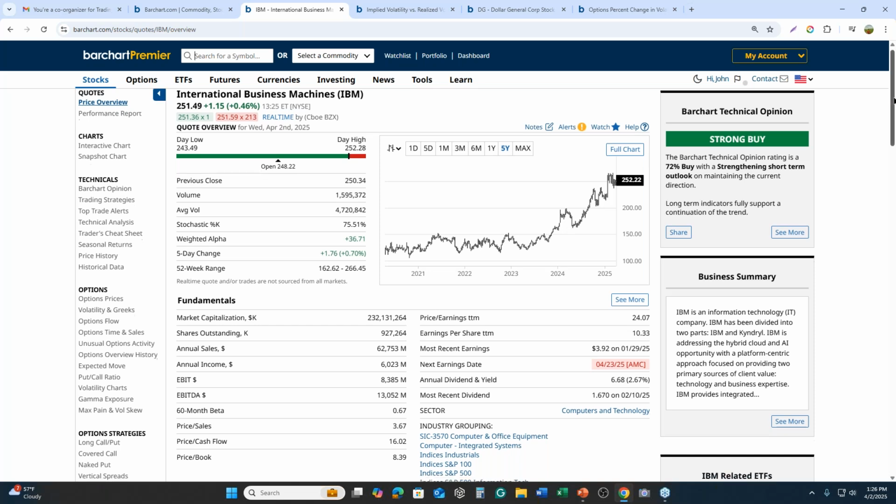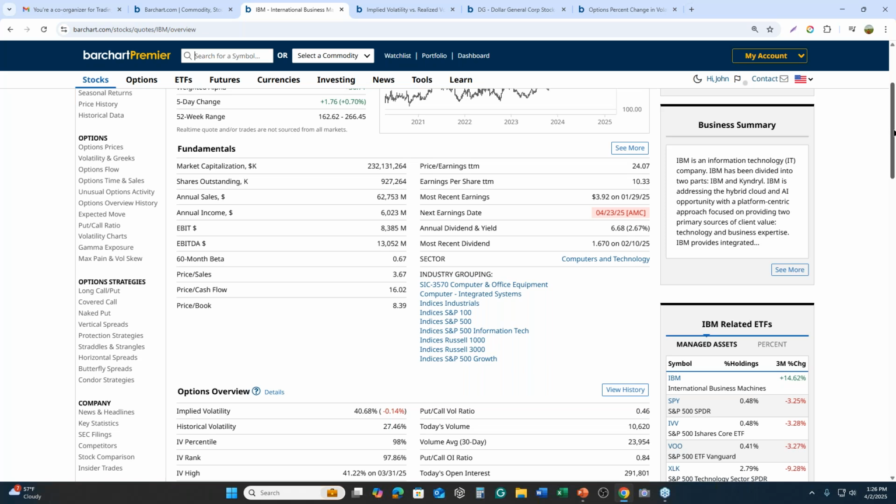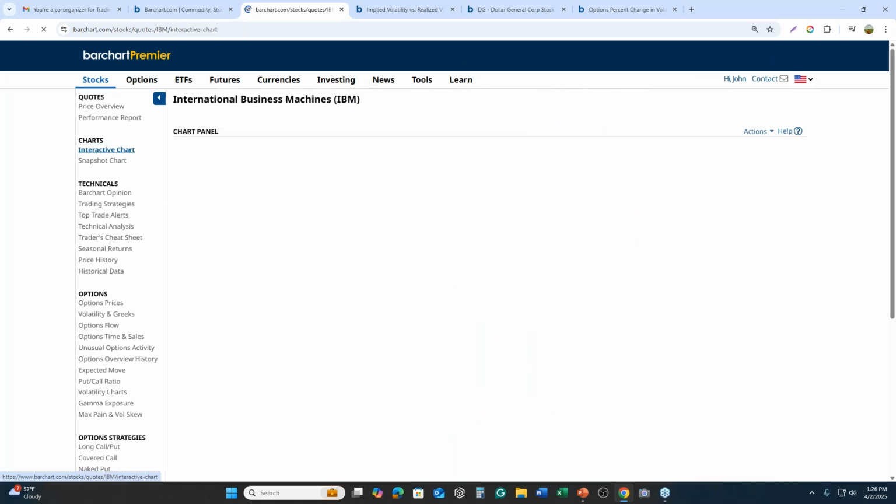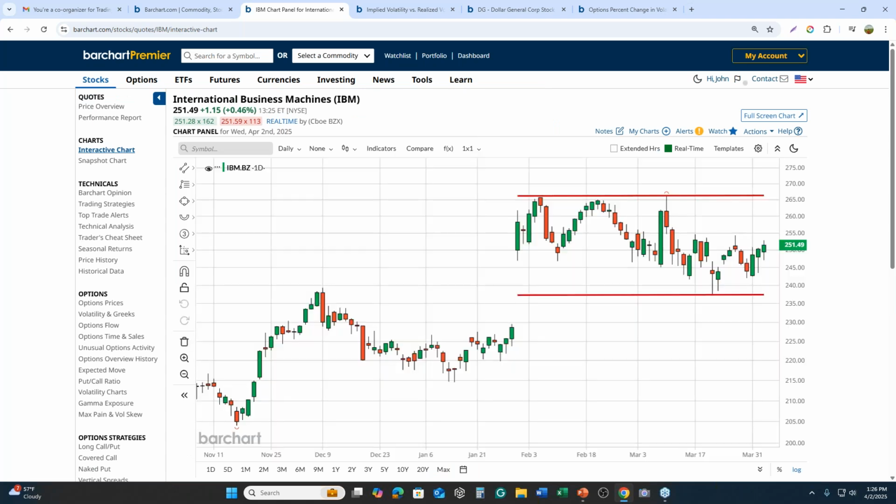Now, what I would be doing at this point is let's look at our chart to get a little bit of idea or direction. So what I see here is a market that has been kind of range bound since the beginning of February.